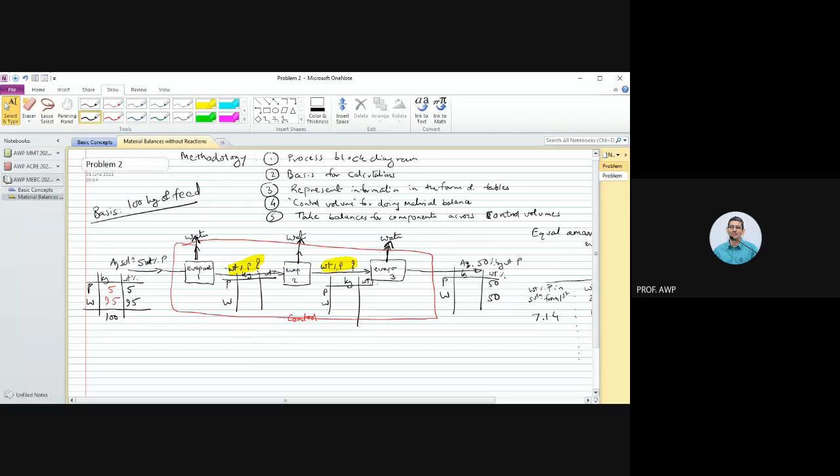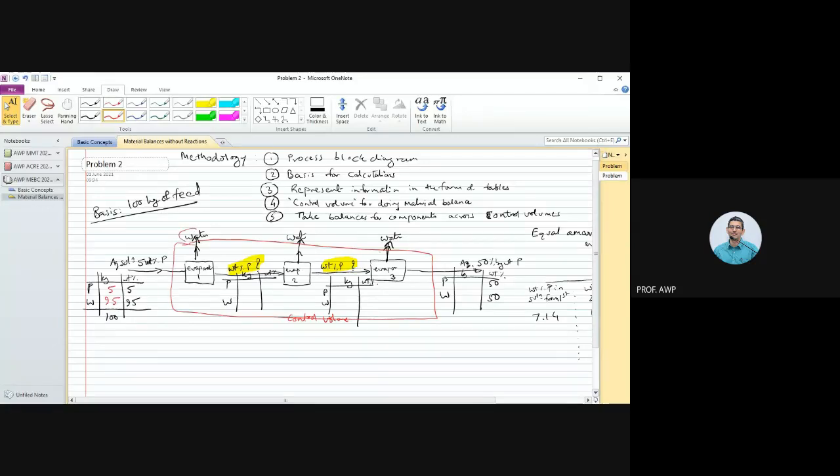Now if I do a balance on this red control volume, 5 kgs of P is coming in.